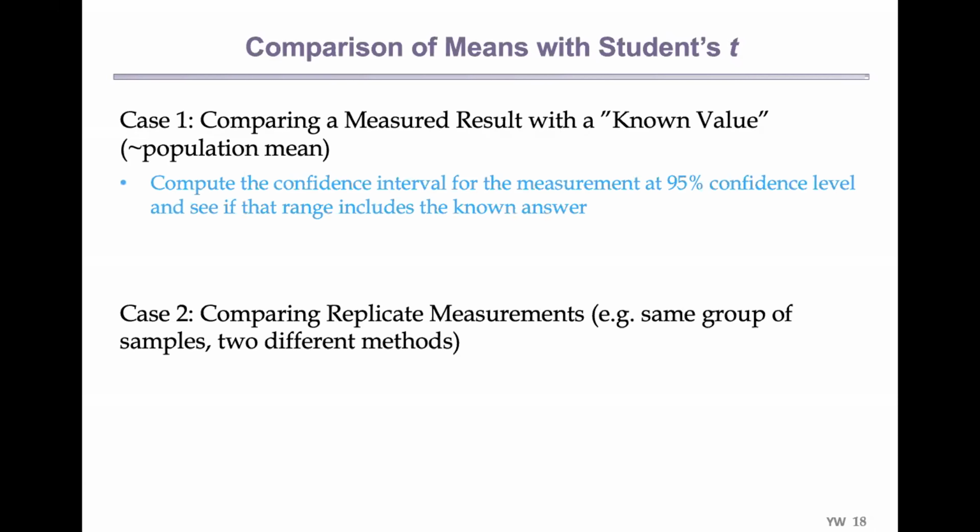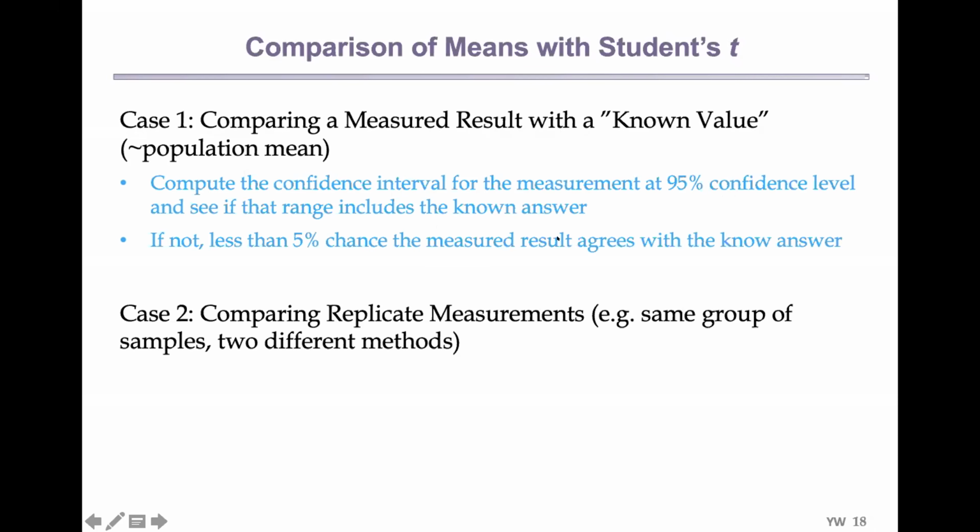For the first case, you will first compute the confidence interval for the measurement at 95% confidence level and see if the range includes the known answer. If the known answer is not within the confidence interval of your final result, then there is less than 5% chance the measured result will agree with the known answer.